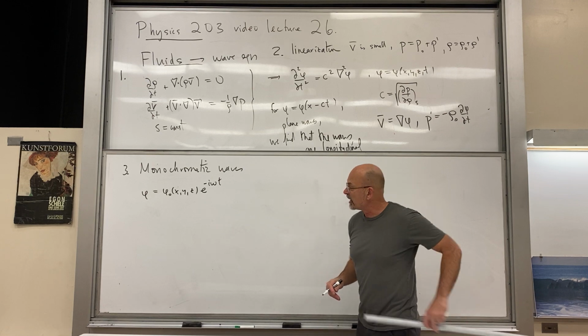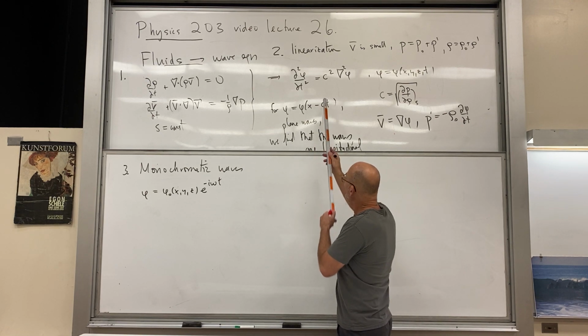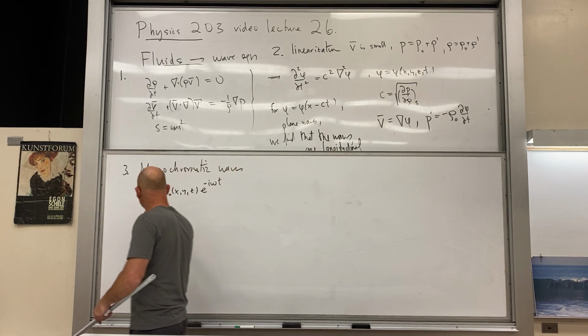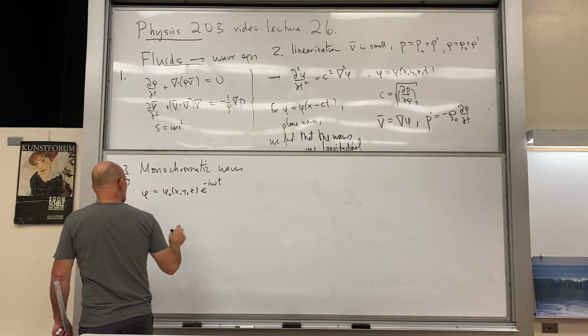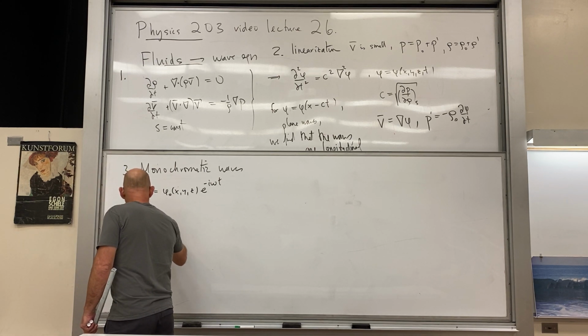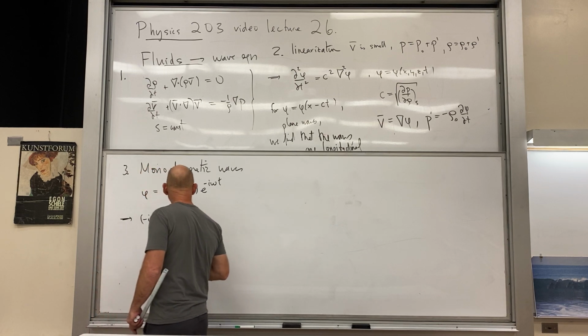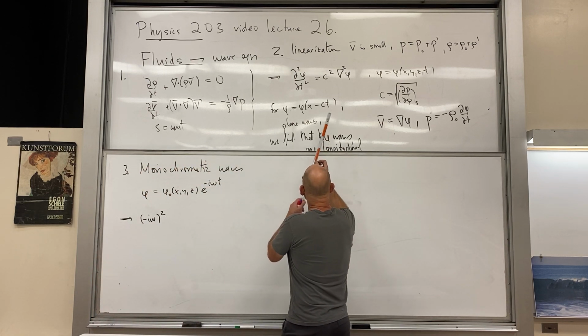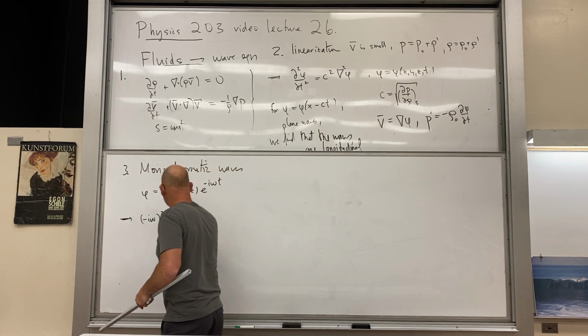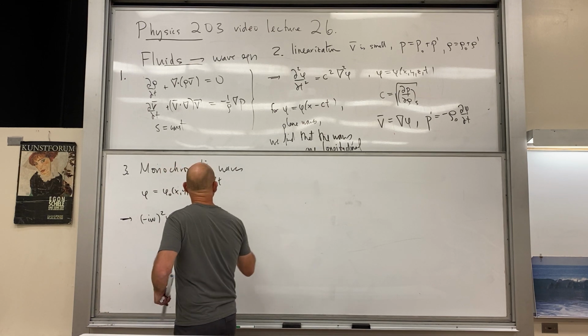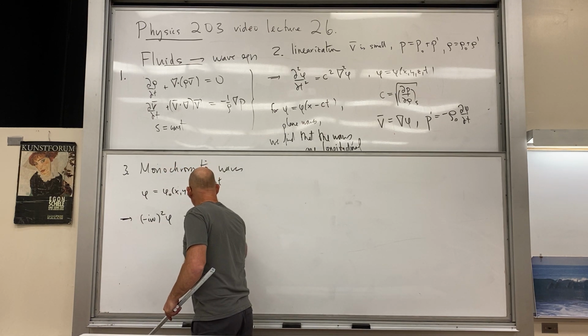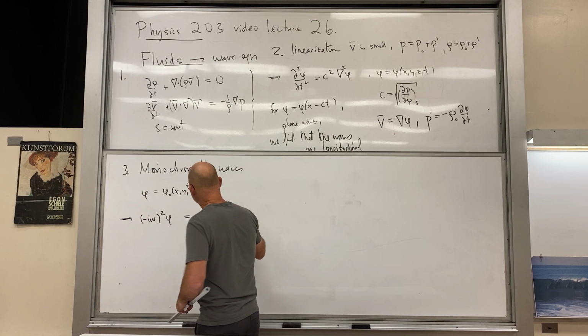and we have our wave equation here, then our two time derivatives give us minus omega squared phi, and that will be equal to c squared del squared.